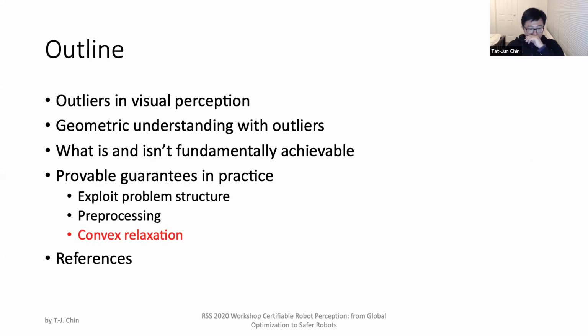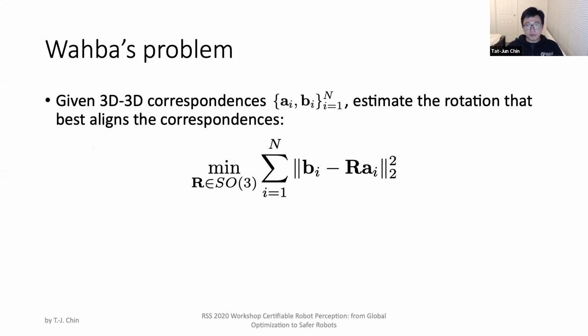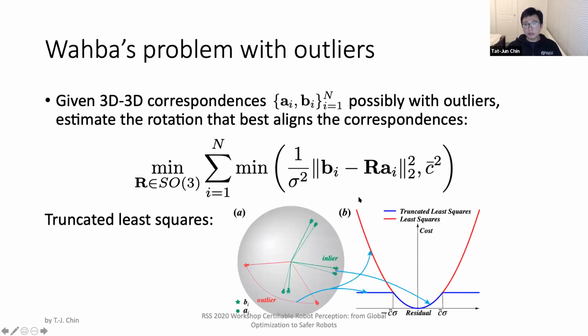And convex relaxation, I'm just going to briefly go through this because I know Hank will be covering this as well. One of the previous works that Hank and Luca have done is on estimating rotation from 3D correspondences, the so-called Wahba's problem. Given a bunch of these correspondences, find the rotation R that minimizes the sum of squares of the errors.